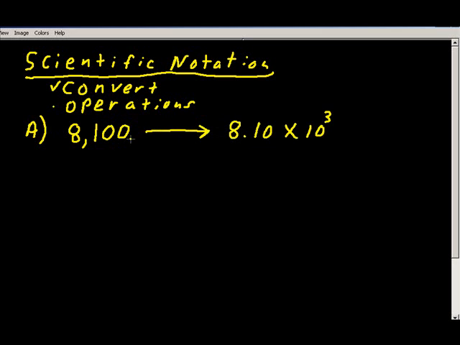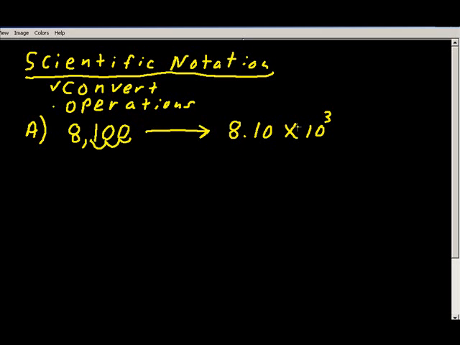So what we've done is we move the decimal point, which is not there but is implied, and we move it 1, 2, 3. We always move it to just after the leading digit of the number, which in this case is 8, and we place the new decimal point.